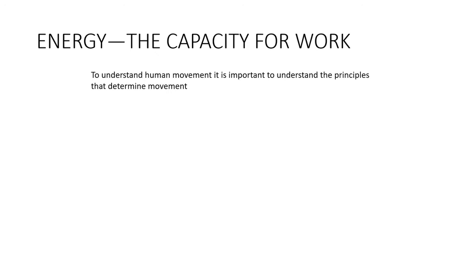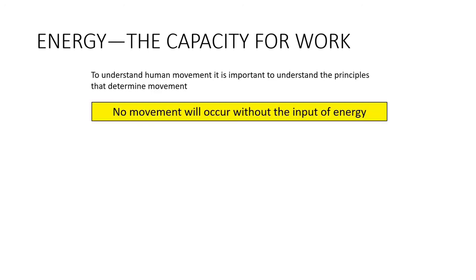When it comes to exercise and exercise science, it's about the understanding of energy and how energy is transferred from one form to another. In fact, the whole universe runs on energy, as we know, and without energy, the universe basically would not exist. When it comes to our area of study, which is exercise science, the study of human movement, there will be no movement unless there's some input of energy.